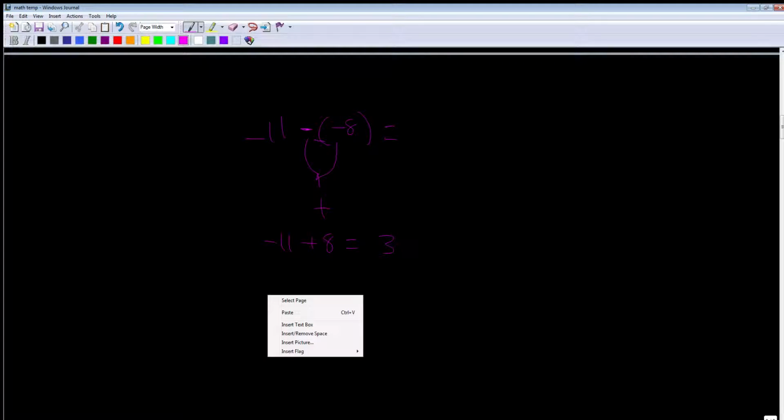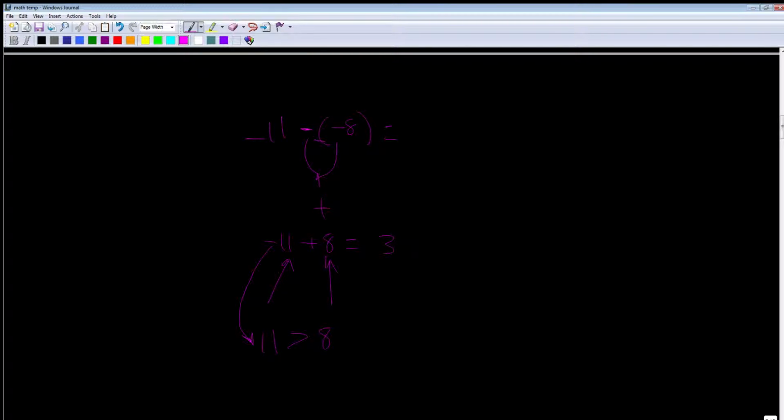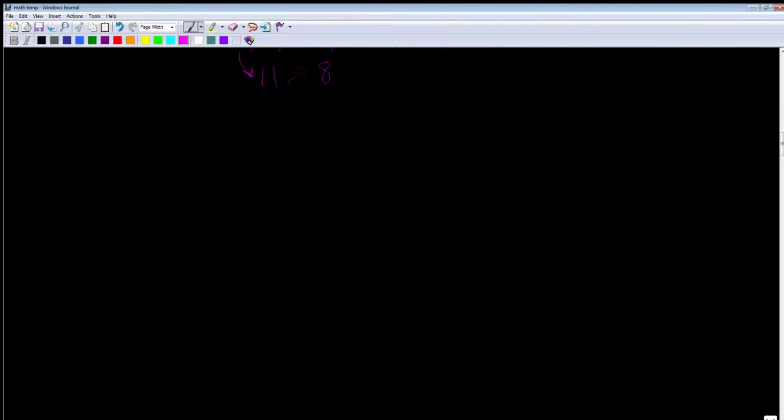Because 11 is greater than 8, so the negative always wins. Negative 3. So negative 11 plus 8 equals negative 3.